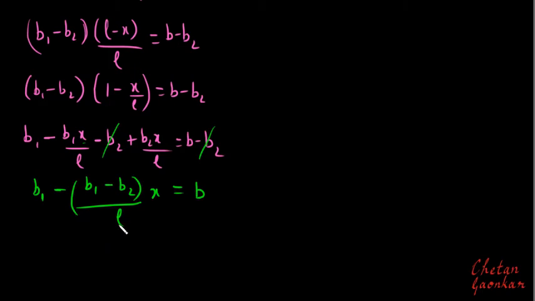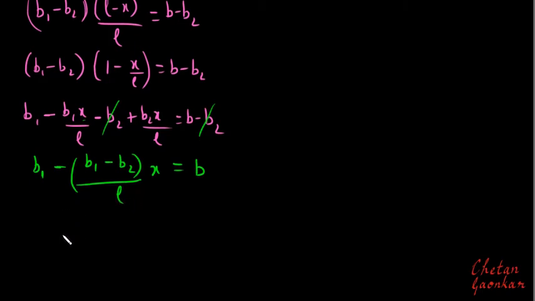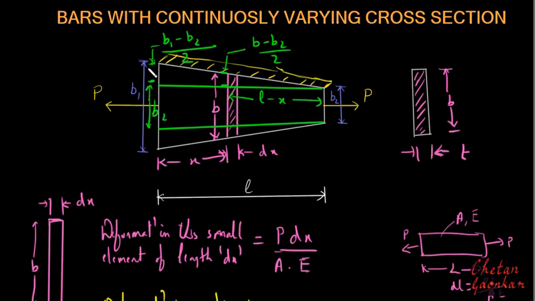So finally I have been able to obtain b here. So basically I can rewrite b as b1 minus (b1 minus b2) by L times x. Since this (b1 minus b2) by L is a constant term, because b1 is this side, b2 is this side, this is L, these are basically the constant terms.